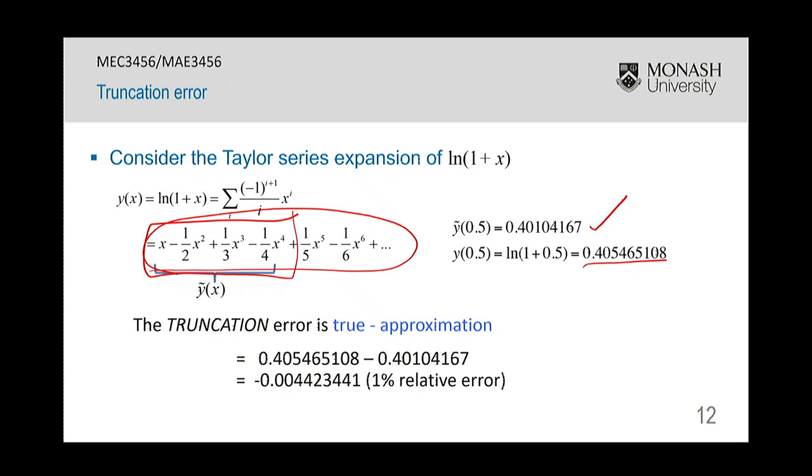If we subtract these two, the truncation error is the true result minus the approximate result, which gives us a value of 0.0044. This gives us approximately a 1% relative error. This truncation error arises from the fact that we haven't considered x to the 5th, x to the 6th, etc., and the higher order terms.